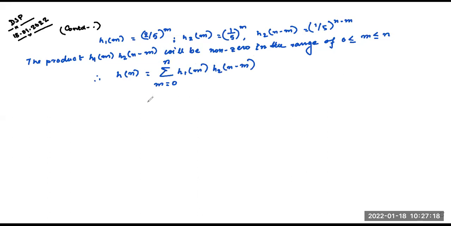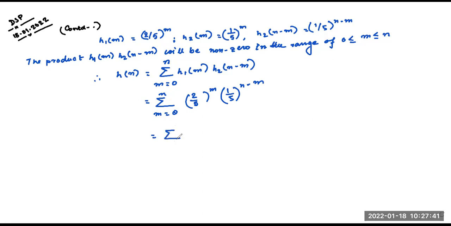That will be represented as summation of m equals 0 to n, (2/5)^m into (1/5)^(n minus m).